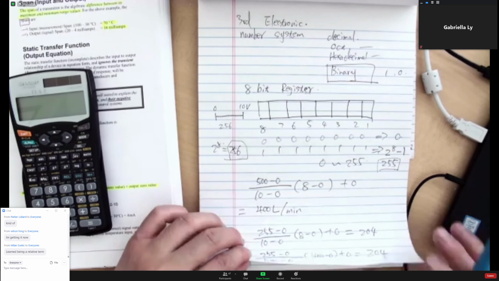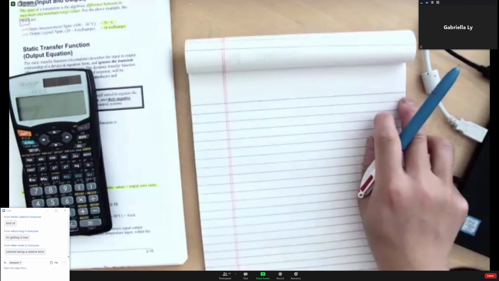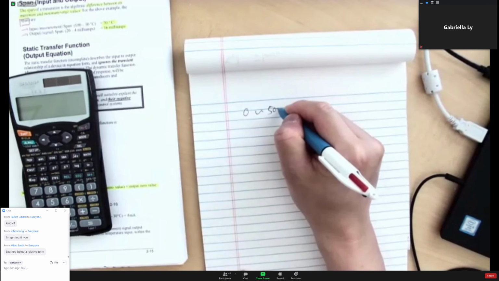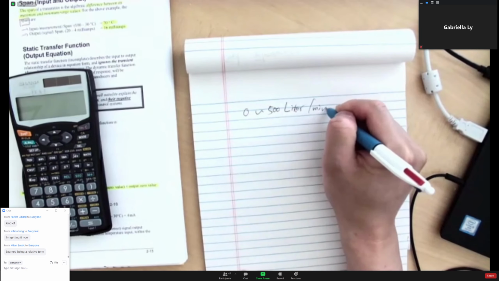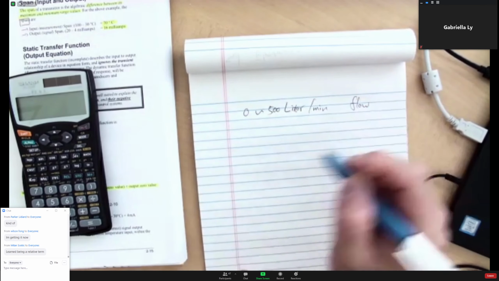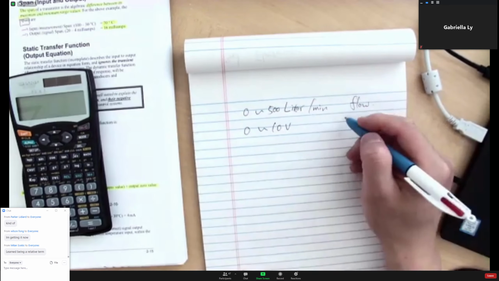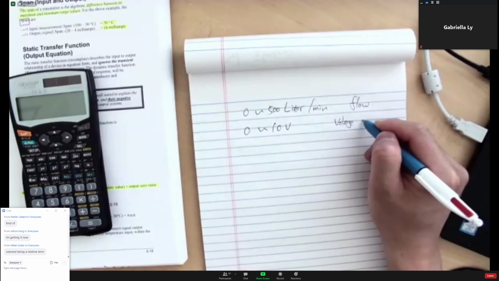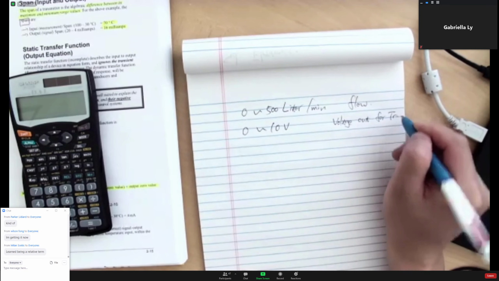So you have a few different ranges there. One is 0 to 500 liters per minute. This is the flow rate. The output, 0 to 10 volts, is your voltage output for the transmitter.